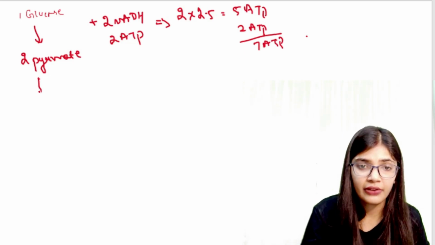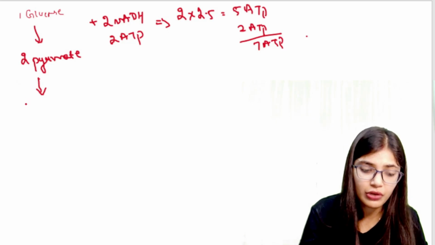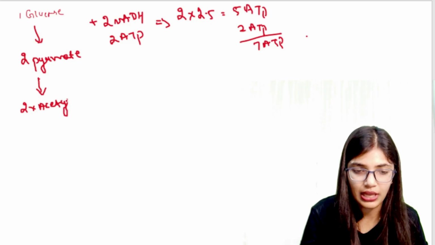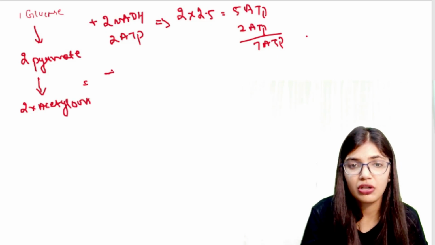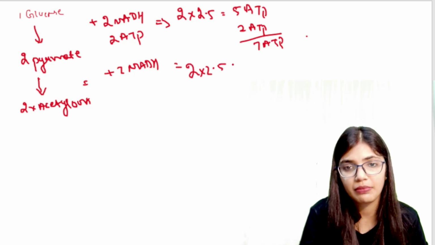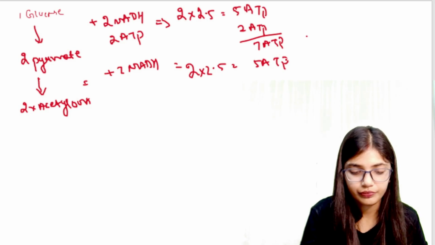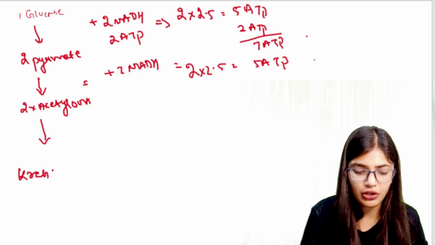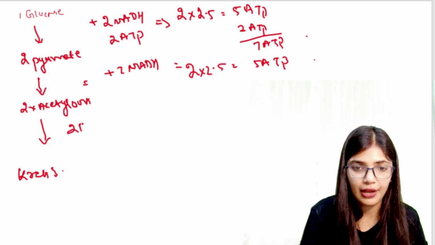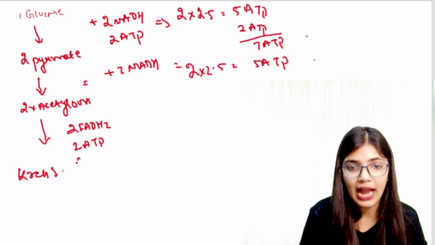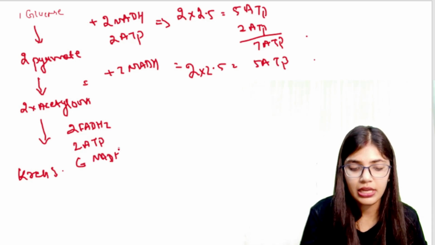Next step was the link reaction, forming 2 acetyl coenzyme A. During this time we got 2 molecules of NADH, that means 2 into 2.5, that is 5 ATP. Next, in the Krebs cycle we got 2 FADH2, 2 ATP and 6 NADH.